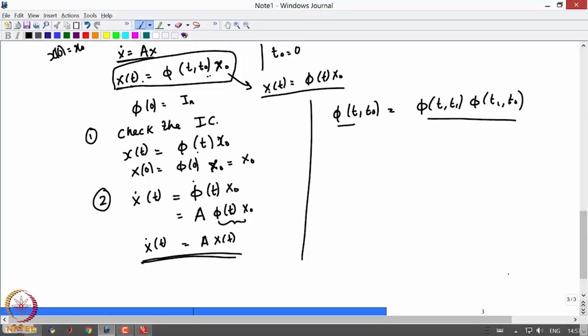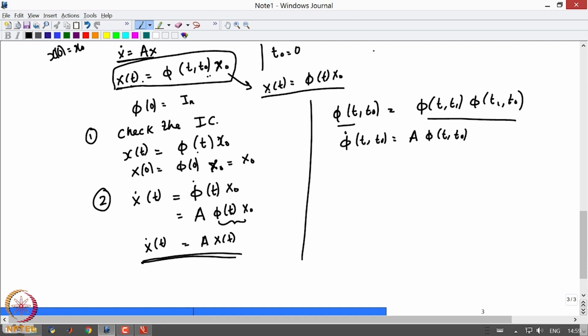Okay. So, in the left hand side I have the following. I know this already, right, phi dot t comma t0 is A phi t comma t0. Okay. So, first check for any initial condition, or just check for any value of time t if they agree.